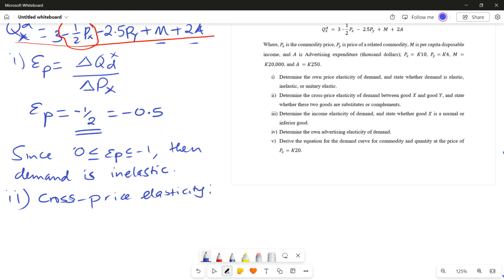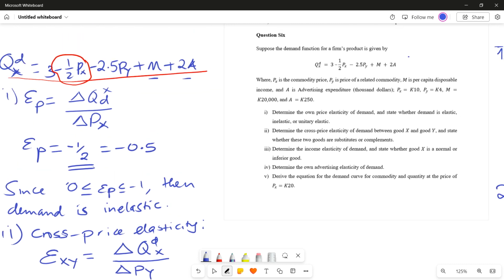We know that the elasticity between X and Y is just going to equal the change in quantity demanded of good X as a result of a change in the price of Y. So remember that our demand function is this one here.